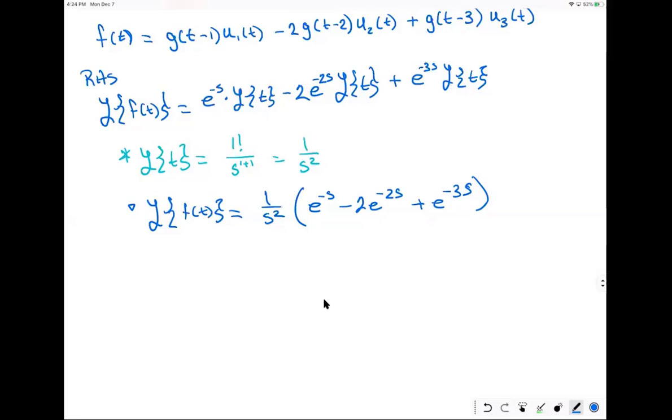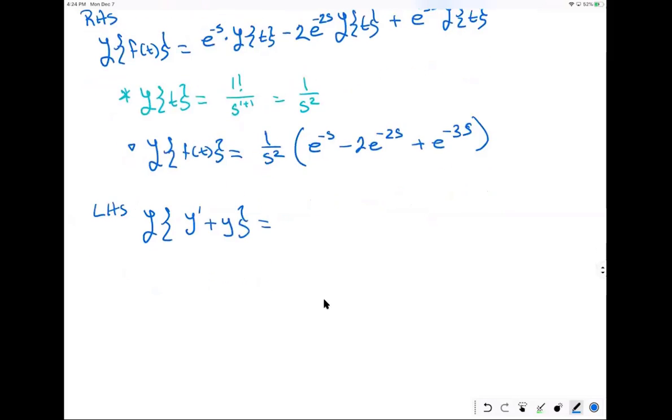And then the left-hand side would be the Laplace transform of y first derivative plus y. So that would equal capital S times big Y of S minus y sub 0, which takes care of the y first derivative.